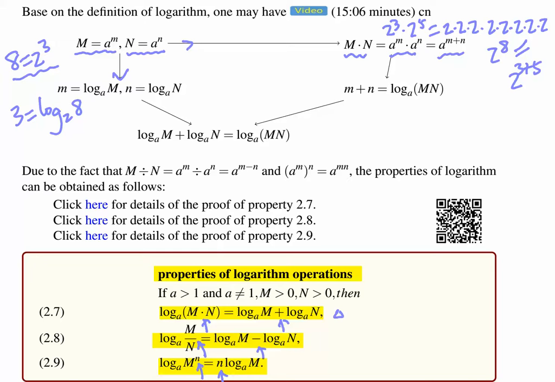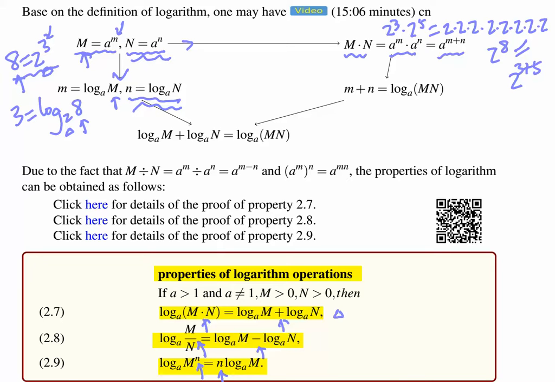Again, here this little m acts like our 3, and the capital M like our 8 here. You see here and here, the base is always the base. So then similarly for this one, from here to here.